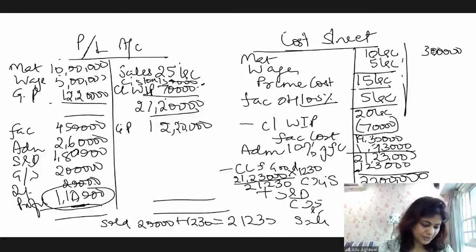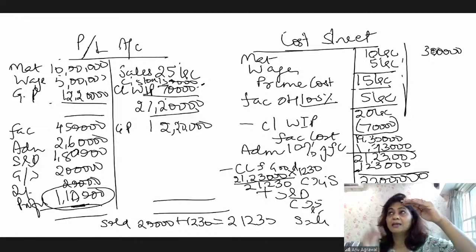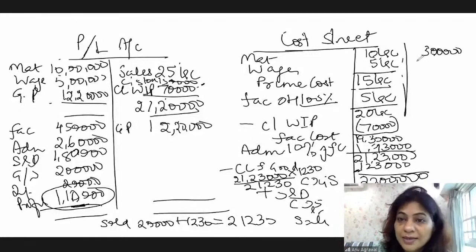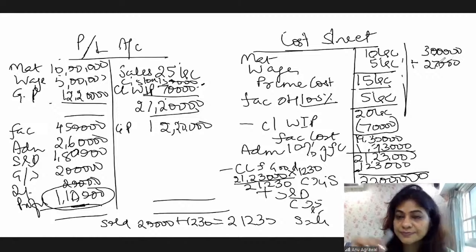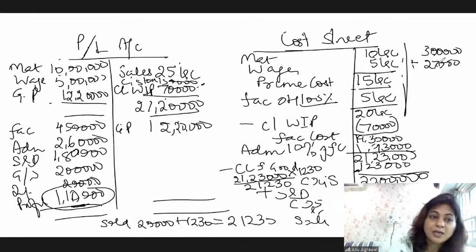How much is the difference? 1,50,000 minus 1,23,000 is 27,000, and it is undervalued. That means the profit in costing is lesser in comparison to finance. So what do I need to do? I need to add this difference of 27,000.